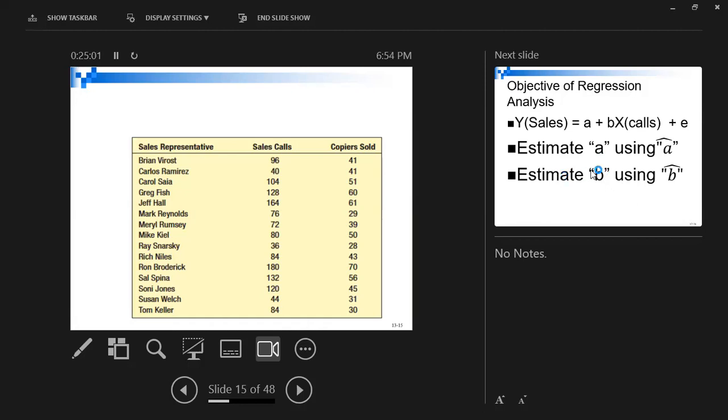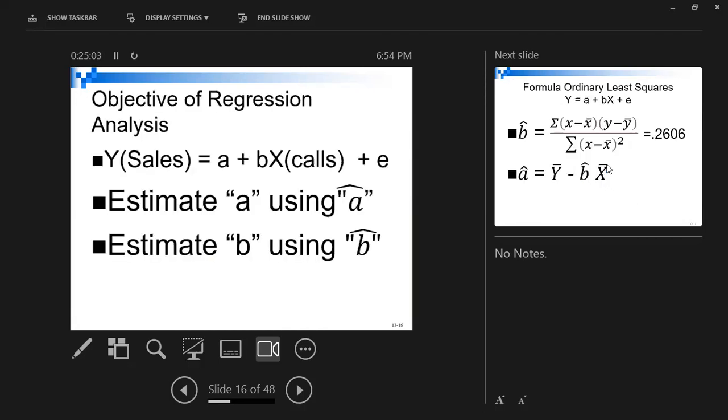As we said, we estimate A using A hat, and that is the formula, which brings me to your project. You can use Excel to do your calculations and your estimations, or you can use SPSS. Some of the data sets are in SPSS, some are in Excel, and some are in both.